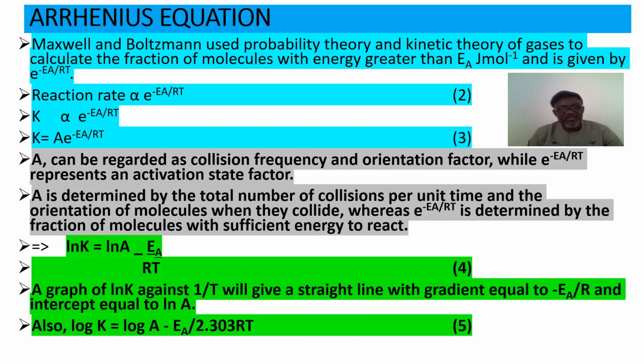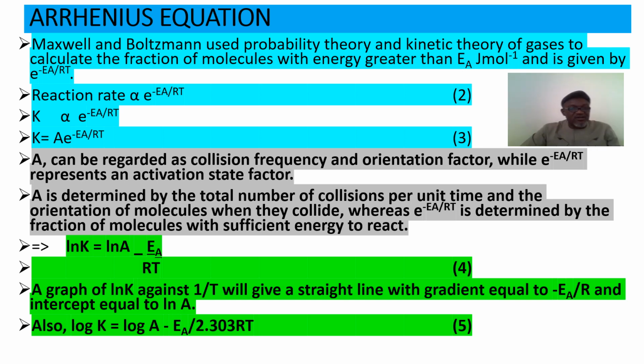And since reaction rate is also proportional to the rate constant, we now say that k is proportional to e to the power minus EA over RT. So equation 3 will be k equals, removing this proportionality, we put a constant A, and this A is as a result of Arrhenius, and this equation 3 is our Arrhenius equation.